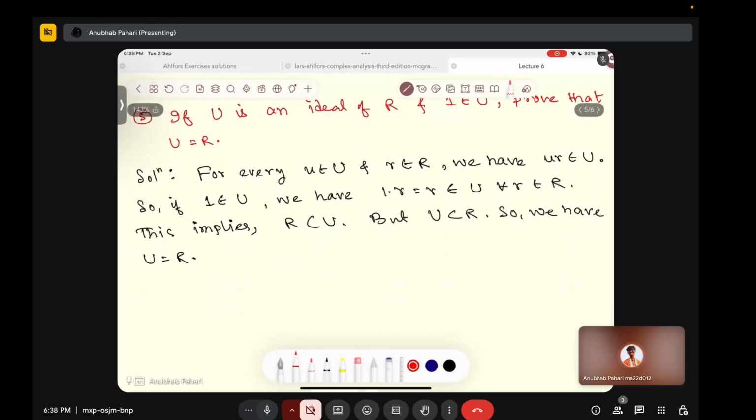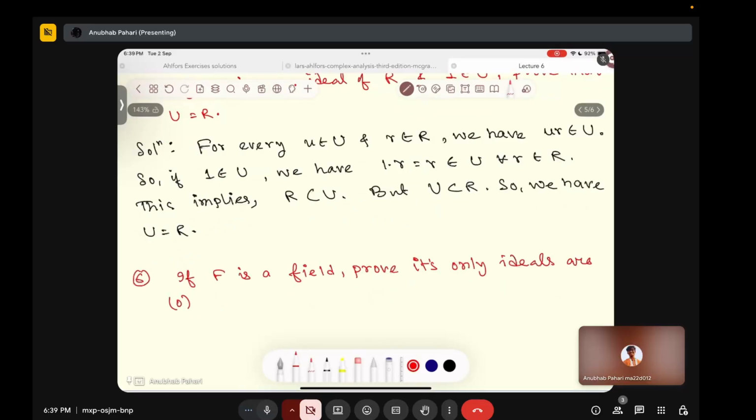Now following this, we are going to prove a string of theorems following this direction. If F is a field, prove its only ideals are 0 and F itself.